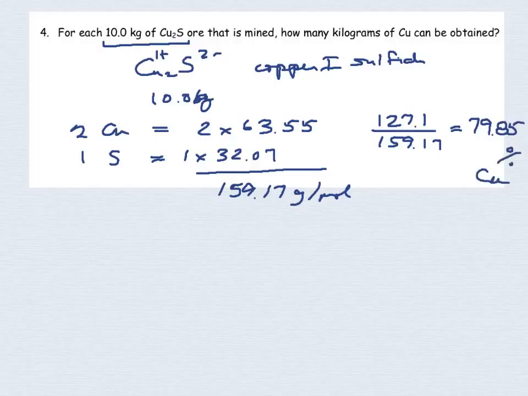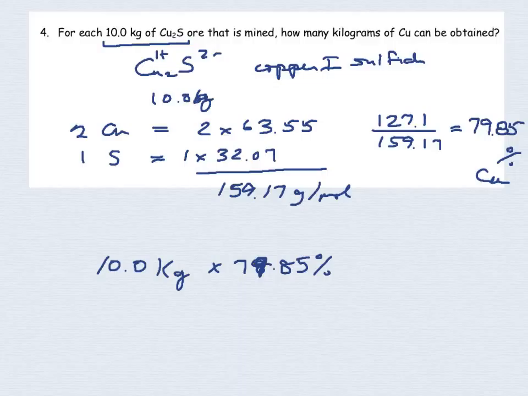Do we have enough information to solve the question? Well, we could in fact just carry on down and say, well, we have 10 kilograms of the compound. If I want to know what 79.85% of that is, take that 79.85, convert it back into a decimal, so 0.7985, and multiply it by 10.